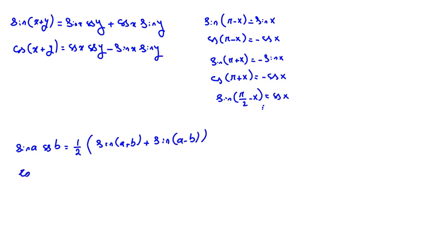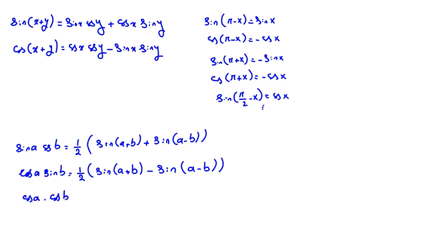Next one is cosine a sine b equal to 1/2 times sine a plus b minus sine a minus b. Next one is product of two cosines, cos a cos b, equal to 1/2 times cos a plus b plus cos a minus b.